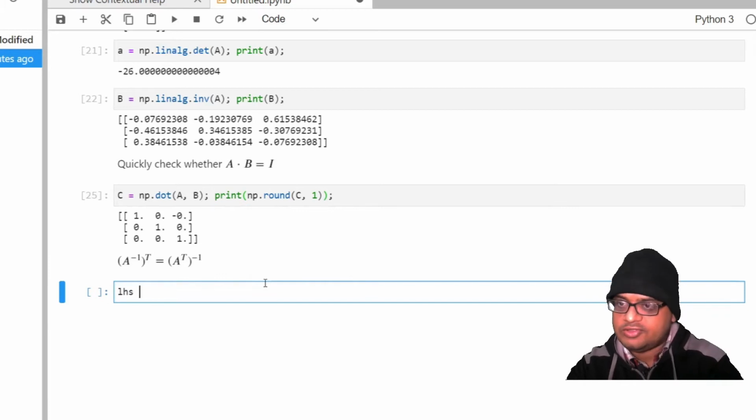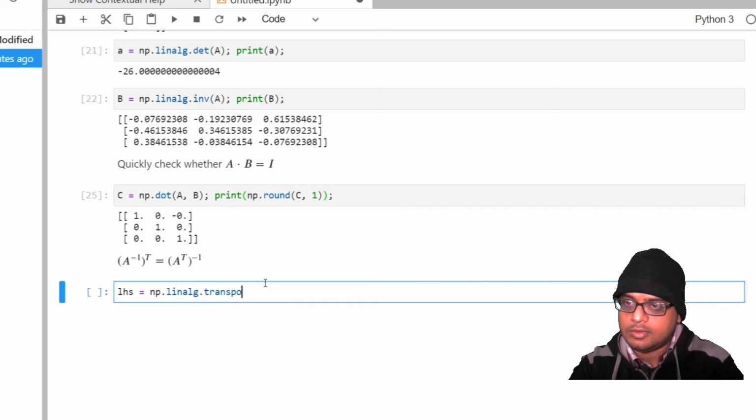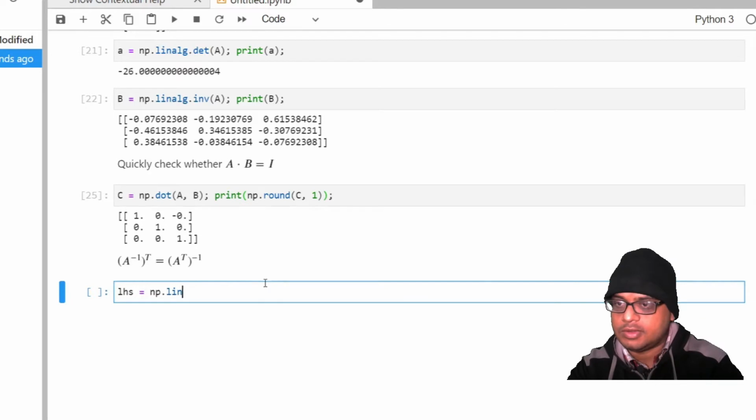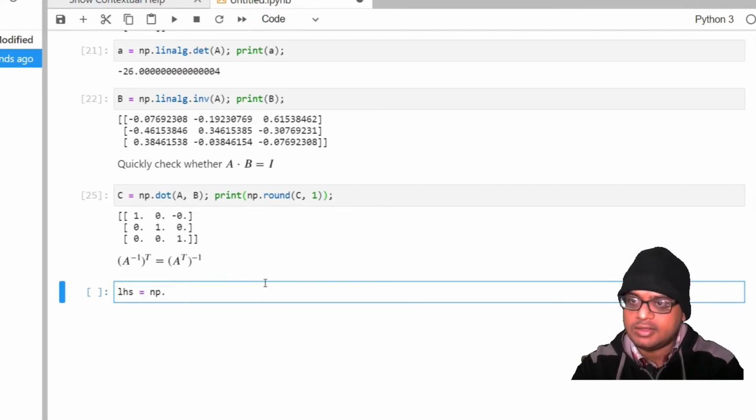So let us say LHS is equal to np dot transpose. Transpose is not inside lin alg, it's simply outside.